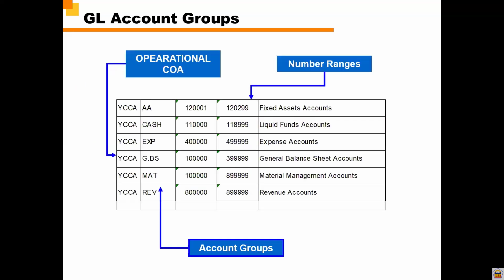So this is again an example that we have one chart of account with the name YCCA. Under that, we have these many account groups with the name fixed assets, liquid funds, expense, journal, balance sheet account, material account, and so on and so forth. And for these accounts, we have maintained the number range.